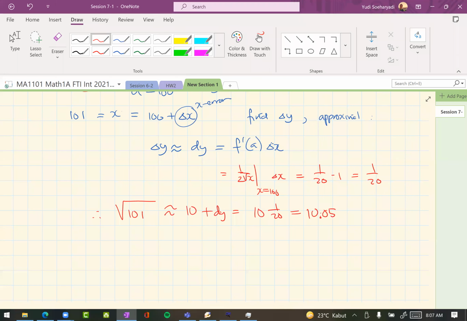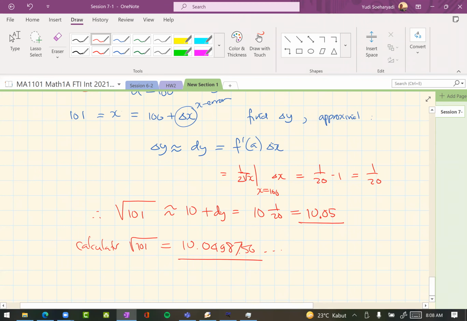The calculator gives you about 10.0499. So that's how you do this kind of approximation. Can you see this? You can compare.